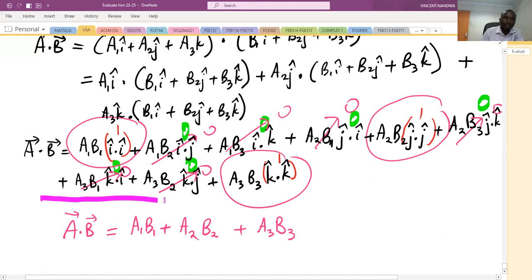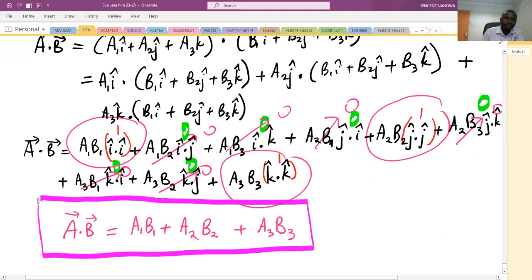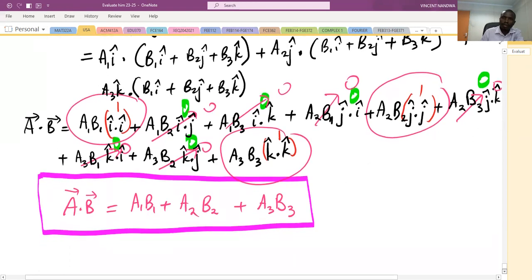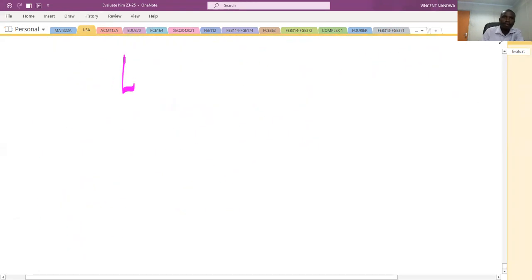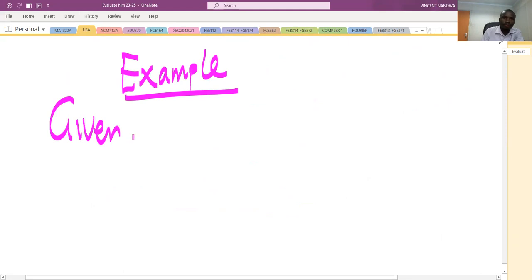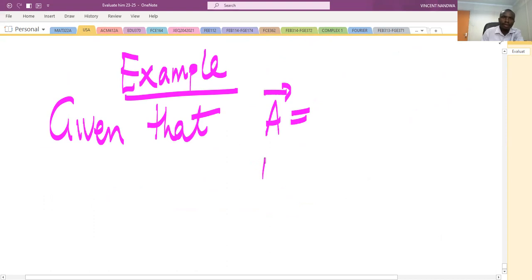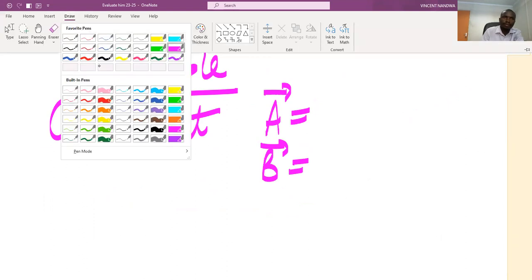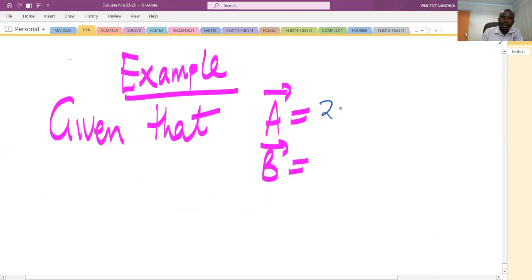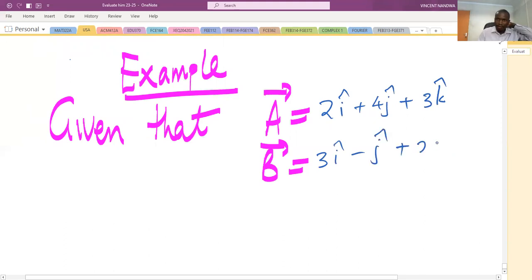So let's do an example. Given that I have vectors A and B with the values, A is 2i plus 4j plus 3k, and B is 3i minus j plus 2k.